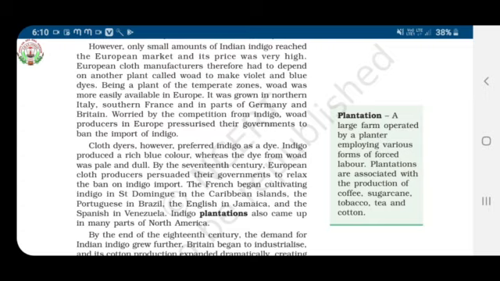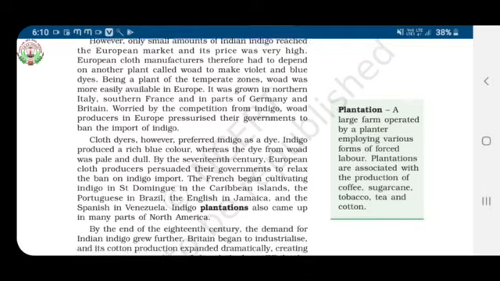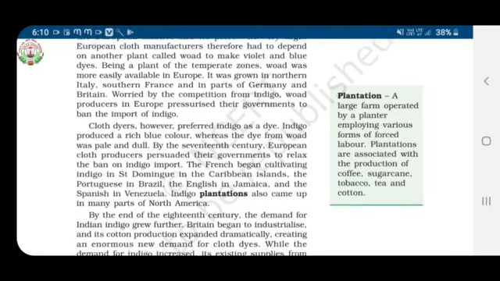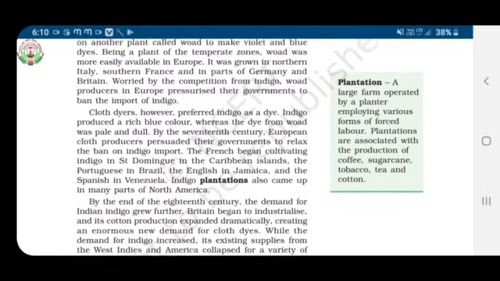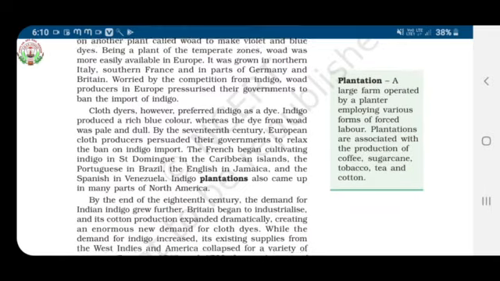European cloth manufacturers therefore had to depend on another plant called woad to make violet and blue dyes. Being a plant of the temperate zone, woad was more easily available in Europe. It was grown in northern Italy, southern France, and in parts of Germany and Britain.